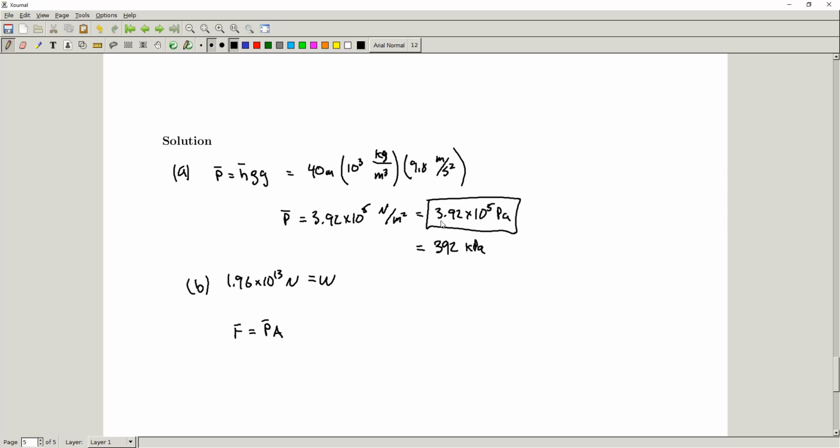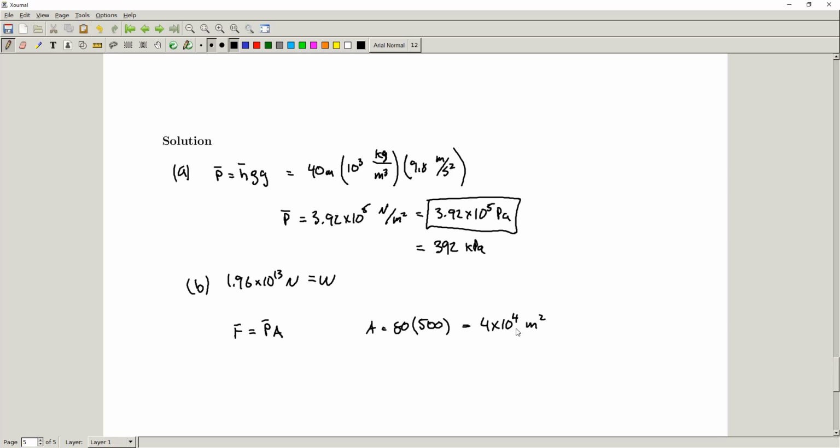We know that our area is going to end up being the 80 meters of the depth of the dam times the 500 meters of the width of the dam that we're looking at. And so this is going to come out to be 4 times 10 to the 4 meters squared, and this should be a 4. Okay.